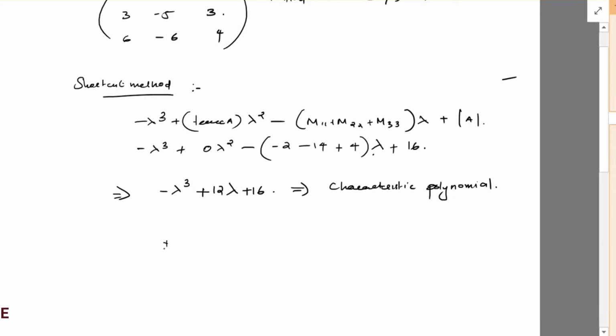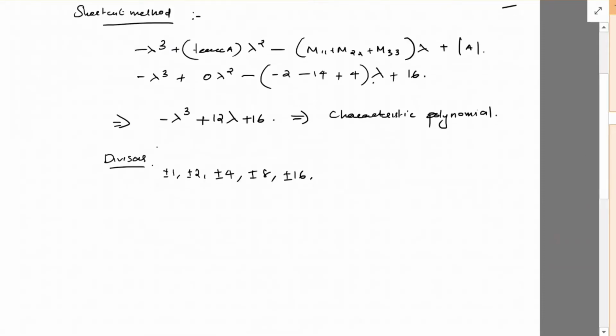The divisors are plus or minus 1, plus or minus 2, plus or minus 4, plus or minus 8, plus or minus 16. These are the divisors of the constant term. We will substitute these values into this characteristic polynomial and check whether each is a root or not. By substituting 1 into the equation, what do we get?